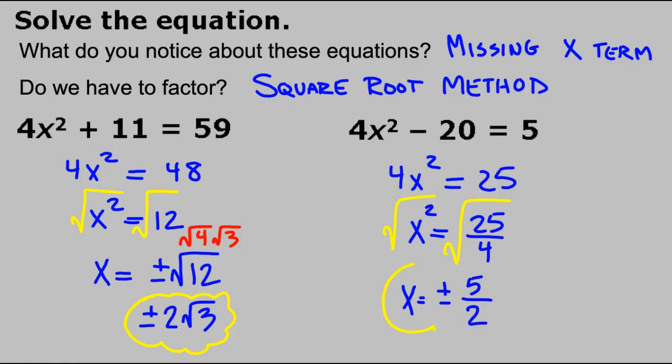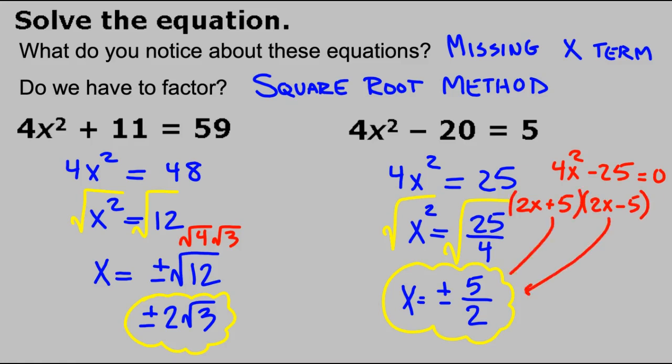So that one actually would have factored because there's no root in there. You could have factored that by doing difference of squares, right? It would have been 4x squared minus 25 equals 0. And that is 2x plus 5, 2x minus 5. And that would get you the same answer.